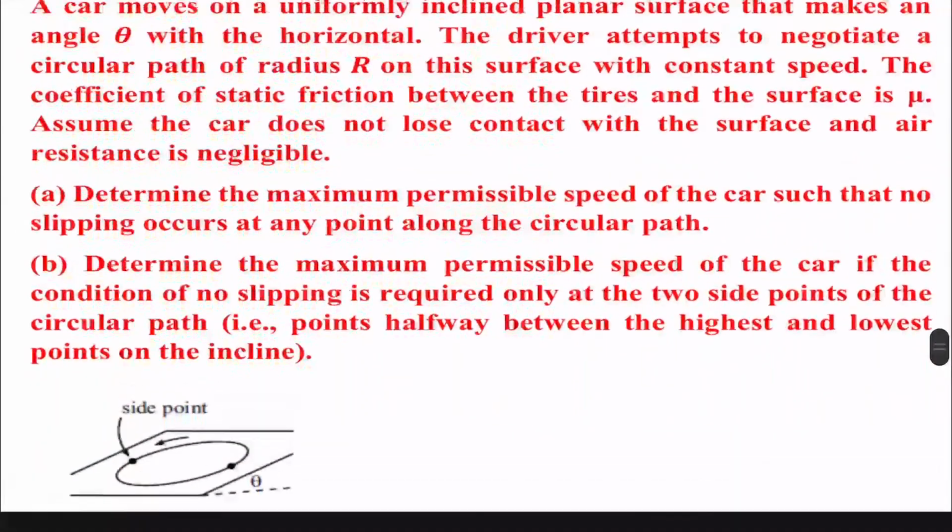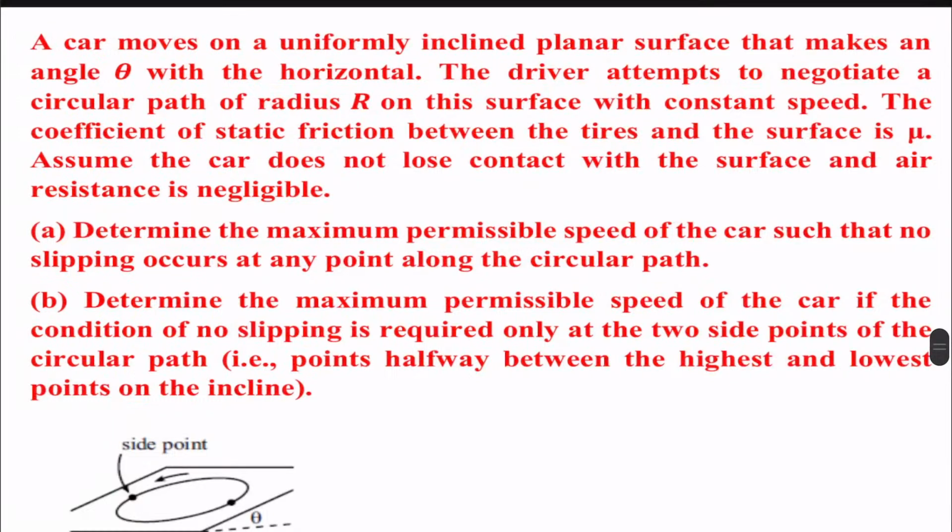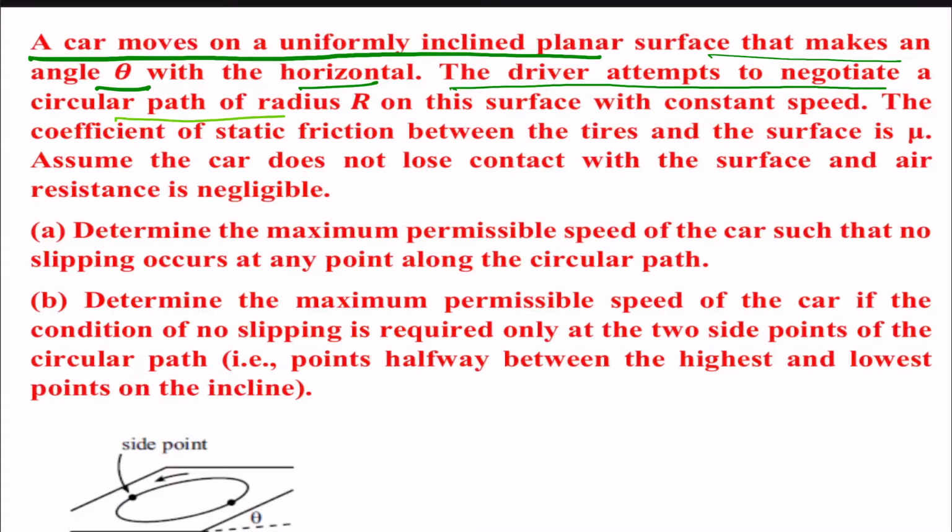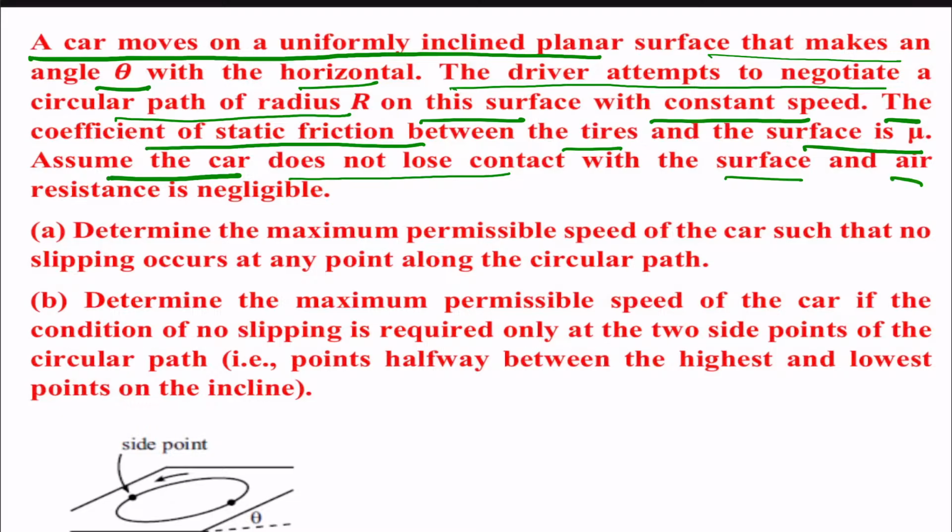Okay. Now we come to our third question. It states that a car moves on a uniform inclined planar surface that makes an angle theta with the horizontal. The driver attempts to negotiate a circular path of radius r on this surface with a constant speed. The coefficient of static friction between the tires and the surface is mu. Assume the car does not lose contact with the surface and air resistance is negligible.